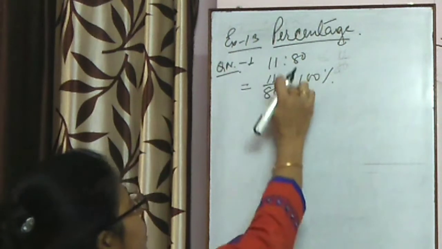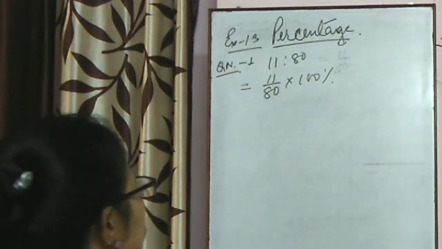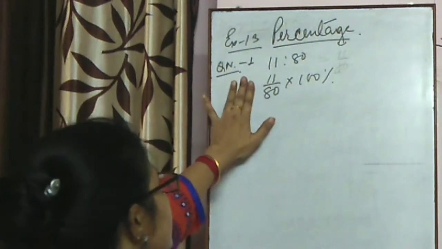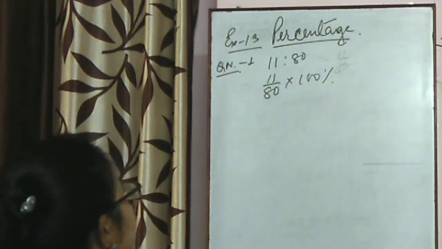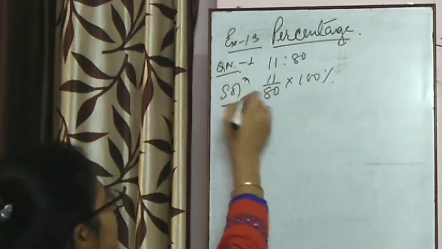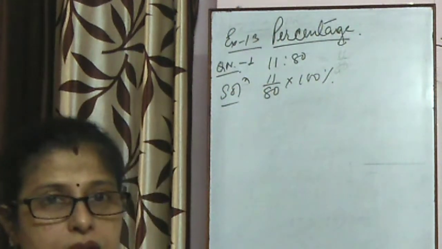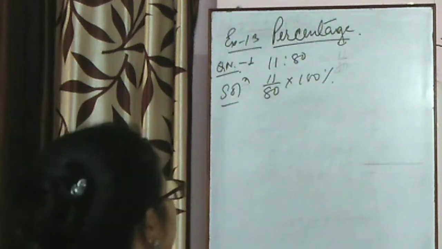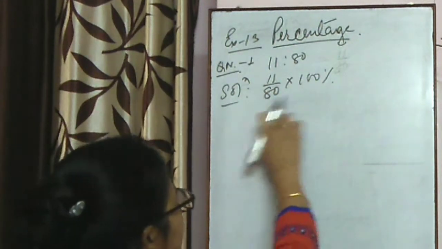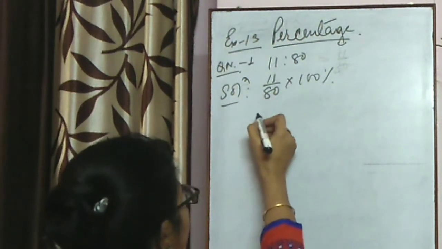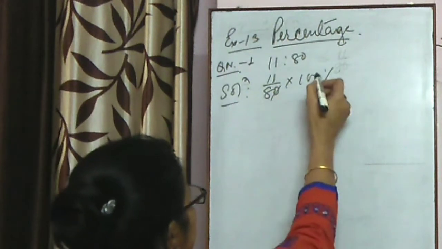It's a wrong thing, both are not equal. So what we do, directly we write as a solution, or the required percentage has to be mentioned. So here let's do it directly. So what shall I do? You get cancelled.